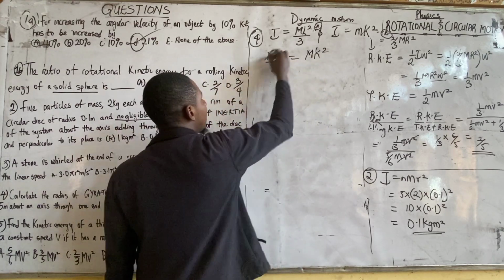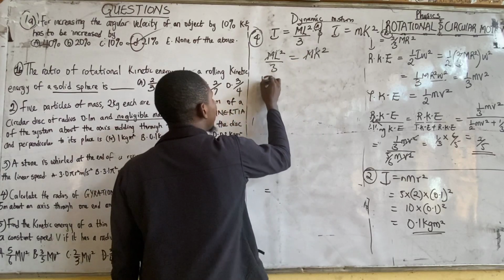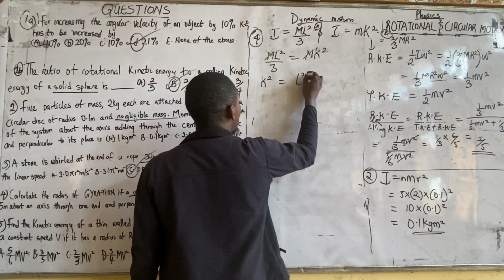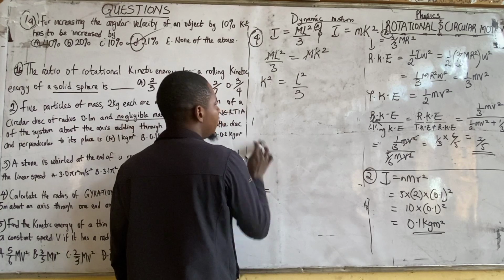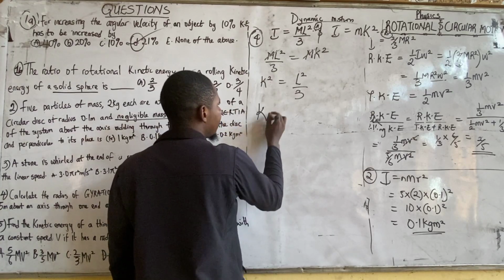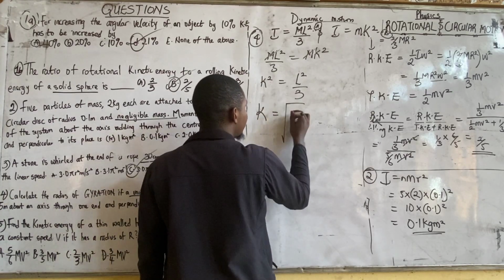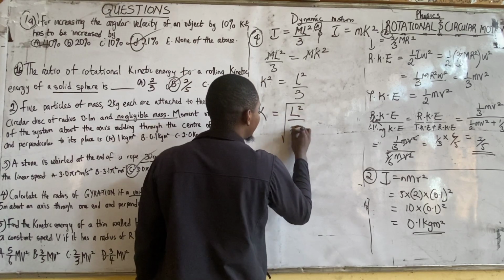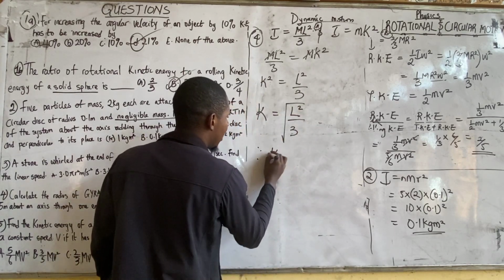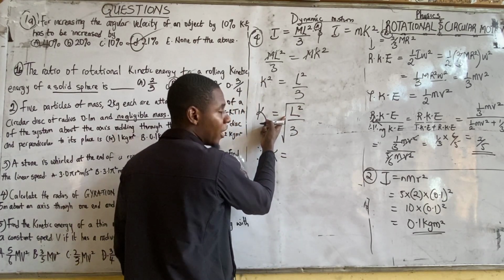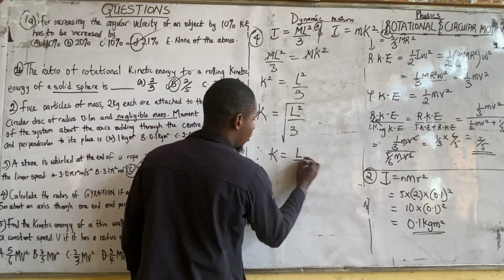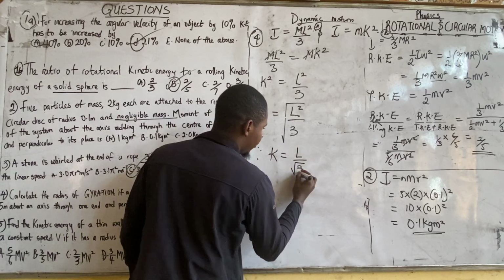So we can cancel m, and our k squared becomes L squared over 3. And the radius of gyration k becomes the square root of L squared over 3. Therefore, k becomes L over root 3.